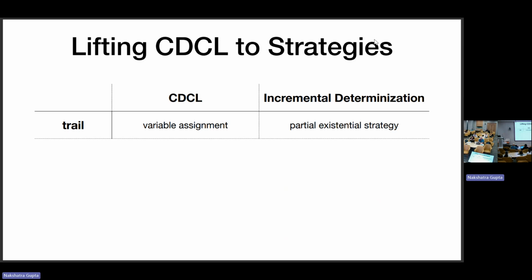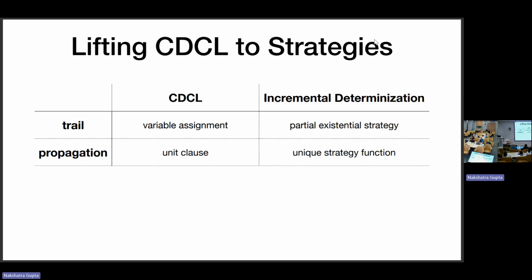In incremental determinization, the trail represents a partial strategy for the existential player. In CDCL, propagation means unit propagation, applying the unit clause rule. In incremental determinization, the analog of propagation is finding unique strategy functions, finding variables that are determined and not conflicted.